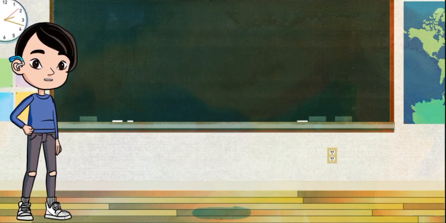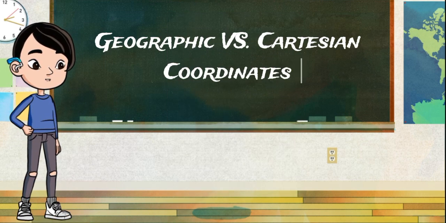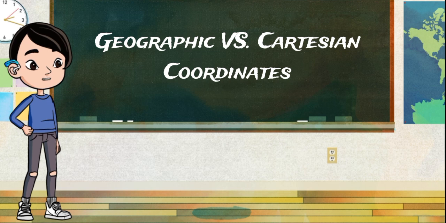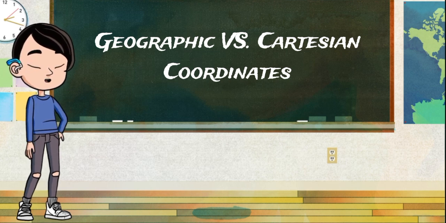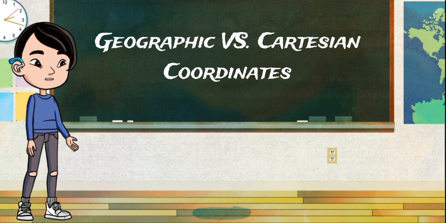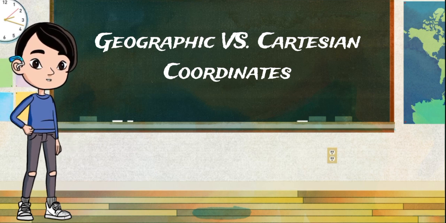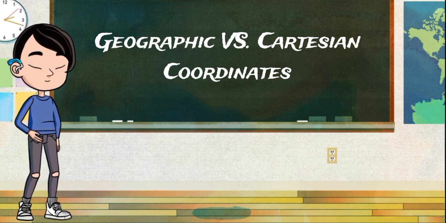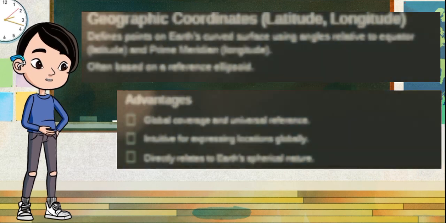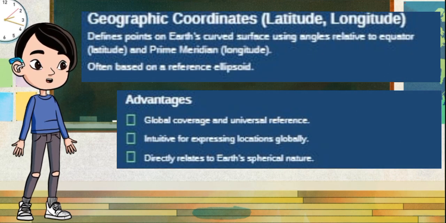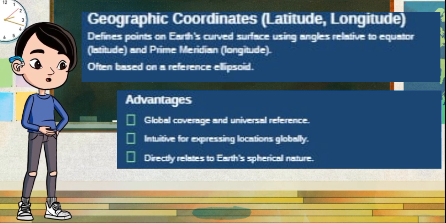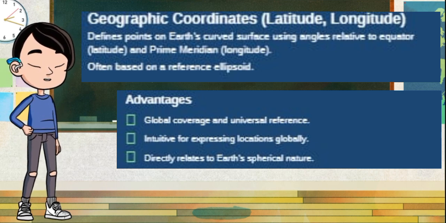When we talk about location, there are two fundamental ways to define a point on Earth. First, geographic coordinates, and second, Cartesian coordinates. Understanding the difference is key to precise mapping. Geographic coordinates use latitude and longitude to define points on Earth's curved surface using angles relative to the equator and the prime meridian.